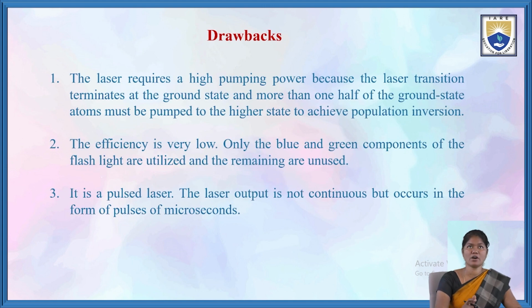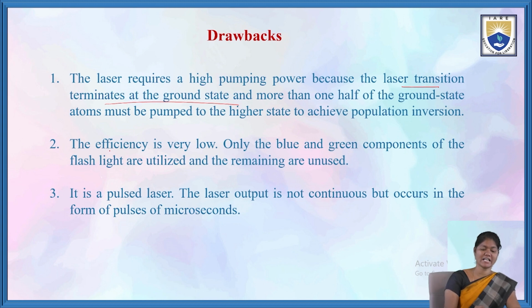So what are the drawbacks here? The laser requires a high pumping power because the laser transition terminates at the ground state, and more than half of the ground state atoms must be pumped to the higher state to achieve population inversion. The efficiency is very low.